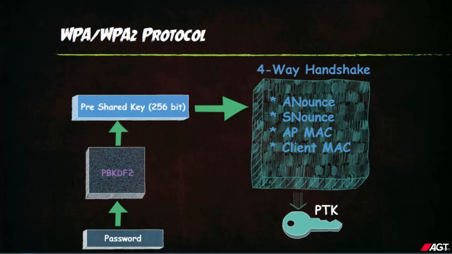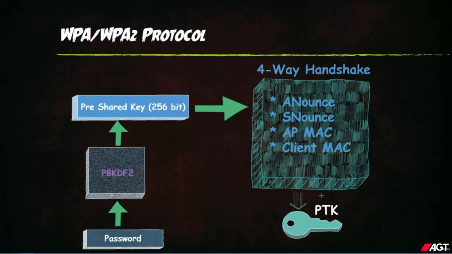And based on this four-way handshake, the PTK is generated, right? Pairwise transient key. By the way, the pre-shared key is also known as the pairwise master key, and the PTK is also known as the pairwise transient key, right?